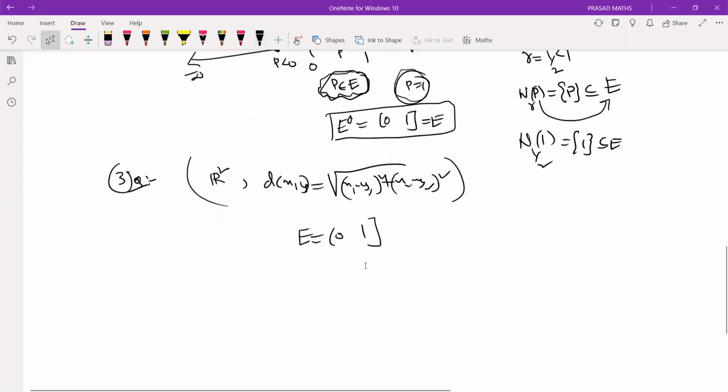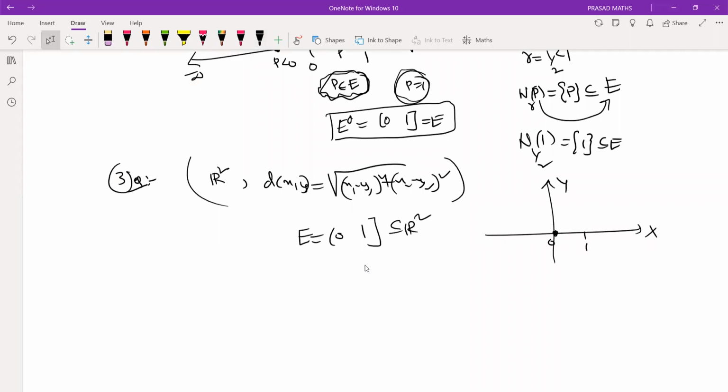It is clearly a subset of R. We are working with a line. This is my 0, this is my closed 1. Is 0 an interior point of the set? No, it's not a point of the set. Is this an interior point? No, because they are not points of the set here.